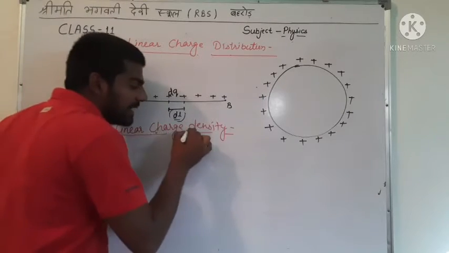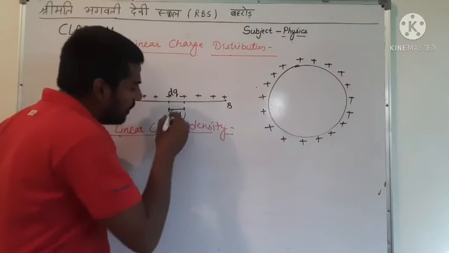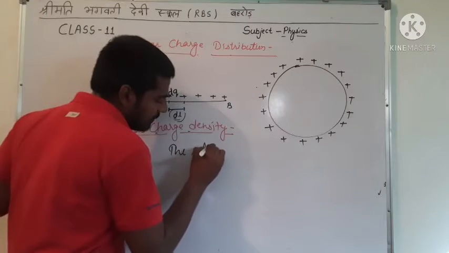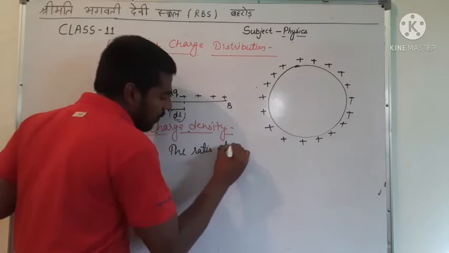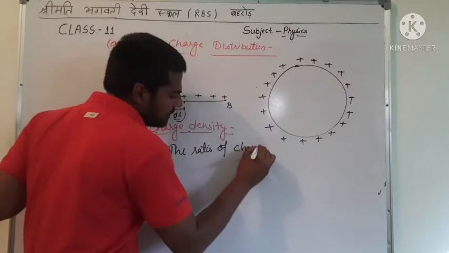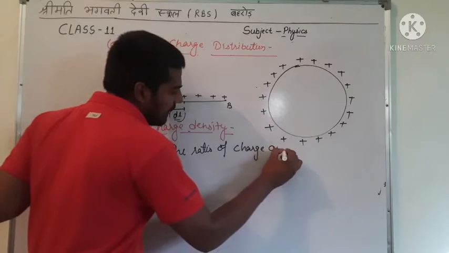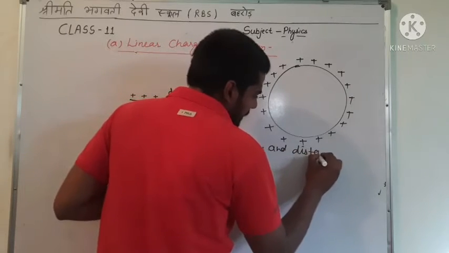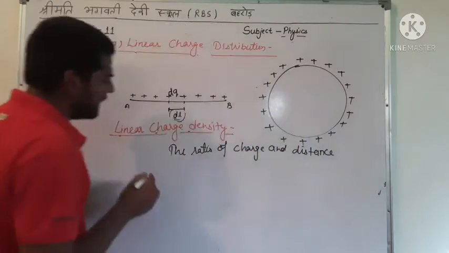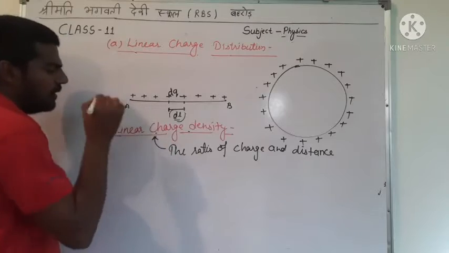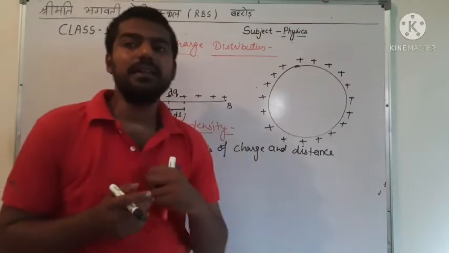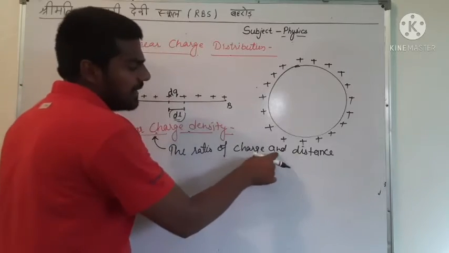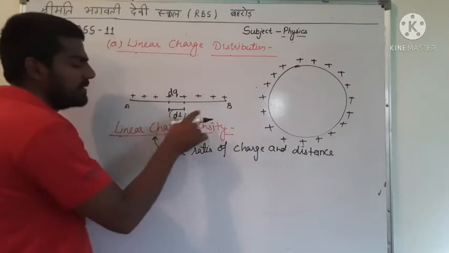What is linear charge density? The ratio of charge and distance is called linear charge density.